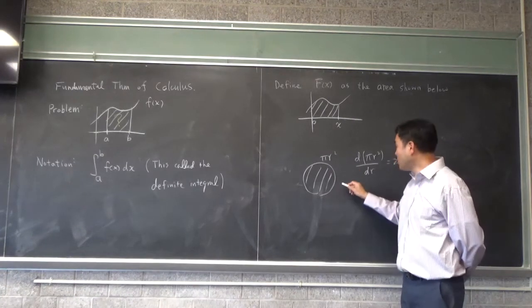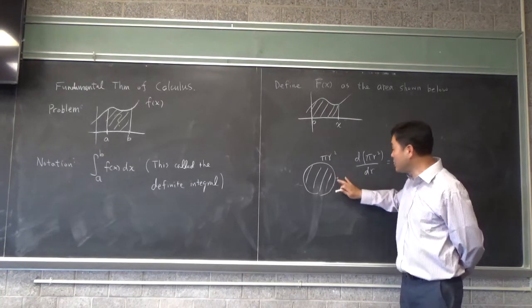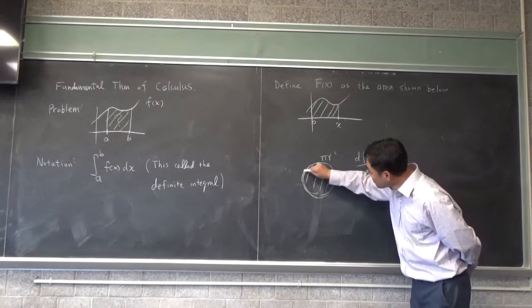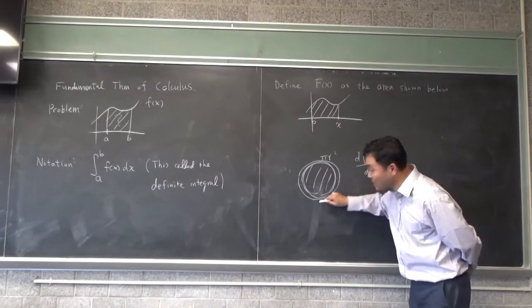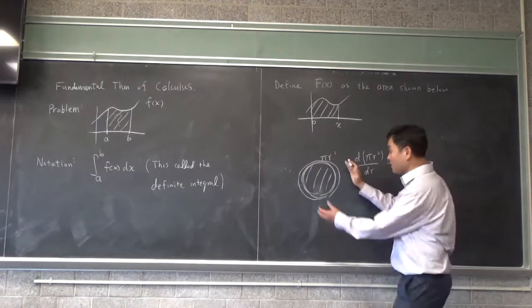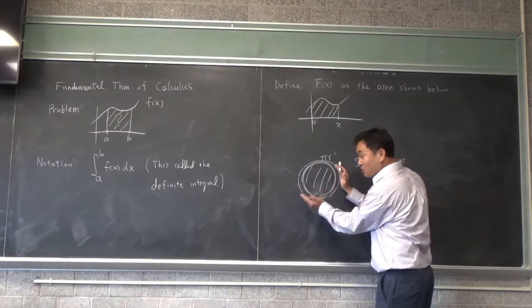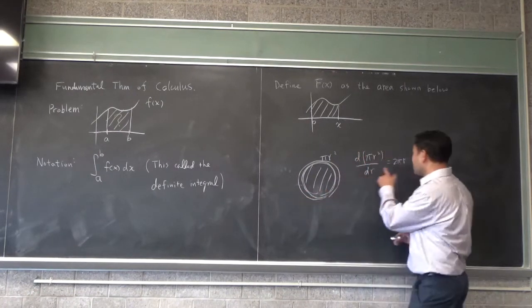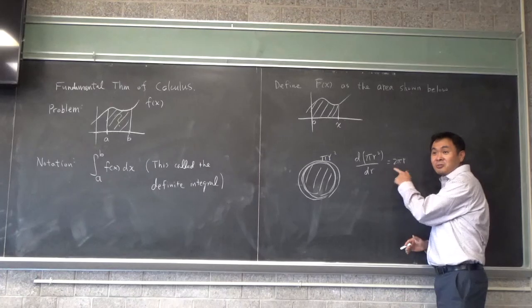That's because every time you increase r, what's being accumulated? It's the circumference that keeps being accumulated. As you thicken this, your circumferences are getting added on. That's why this happens, right?